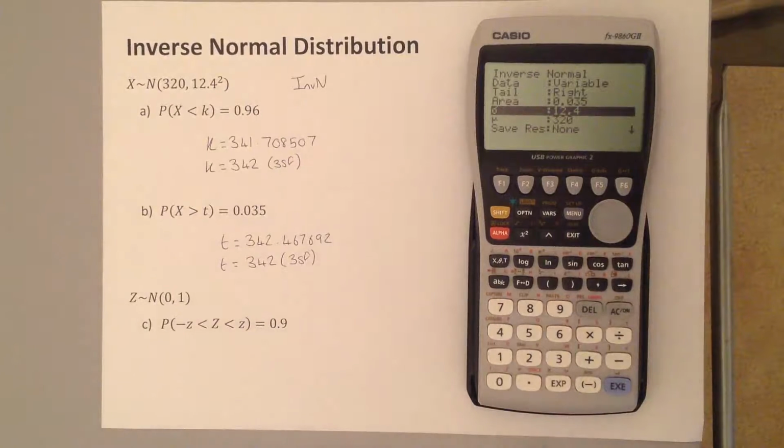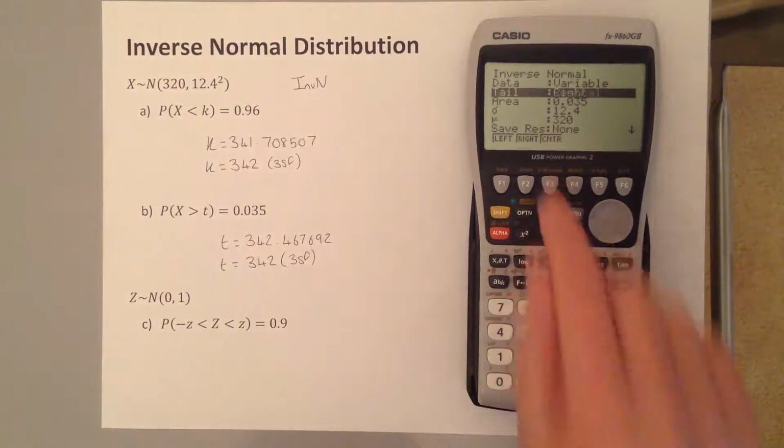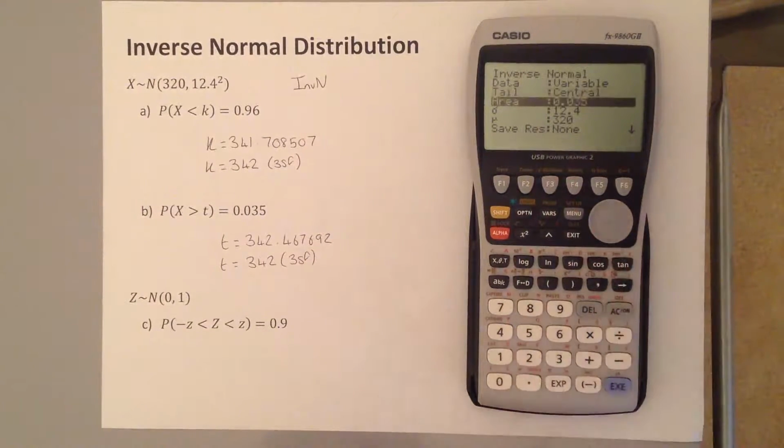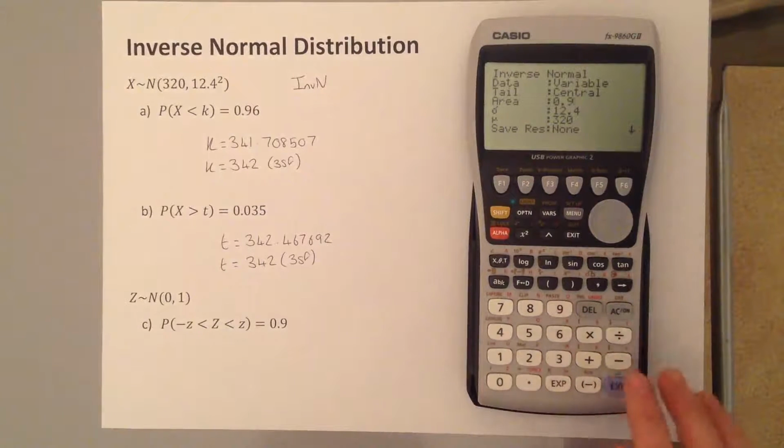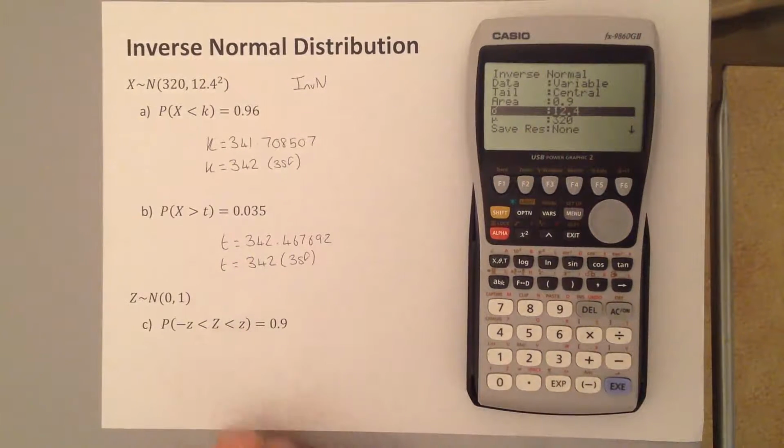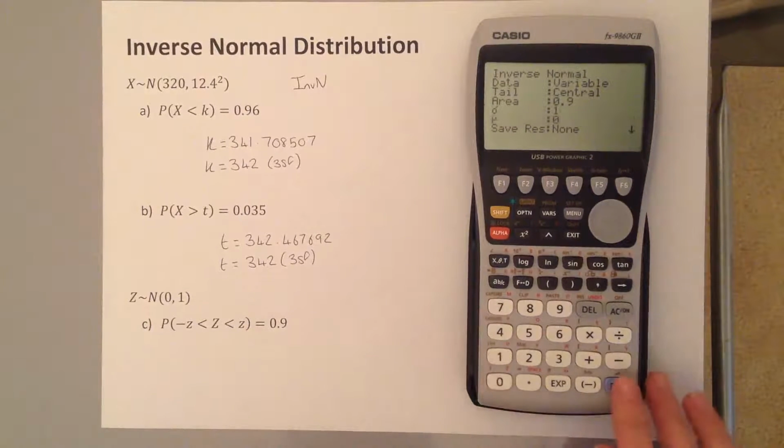So in the bottom question, I've got two values, so I want to select my central tail, which is F3. My area of my central tail is 0.9, and because I'm dealing with a question in terms of z, my standard deviation will be 1 and my mean will be 0. So it's a really important thing to remember.